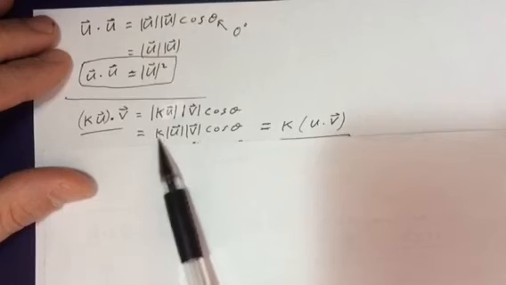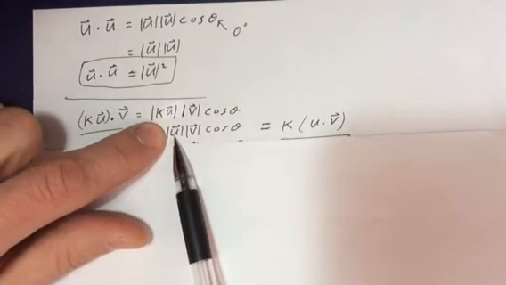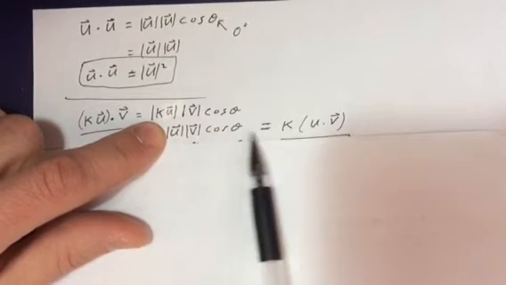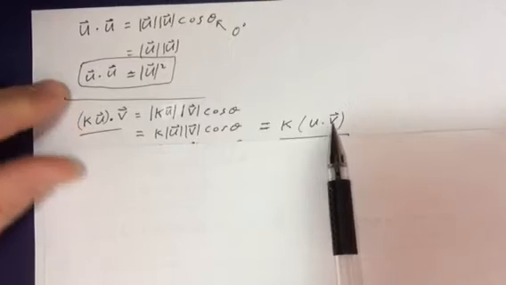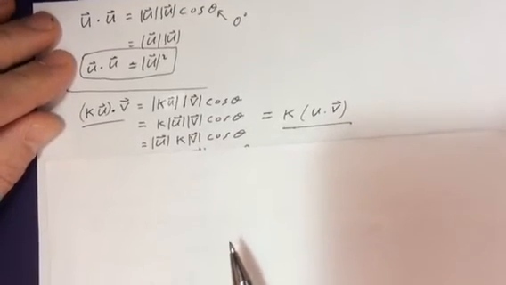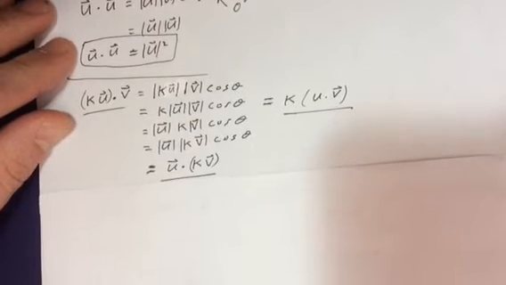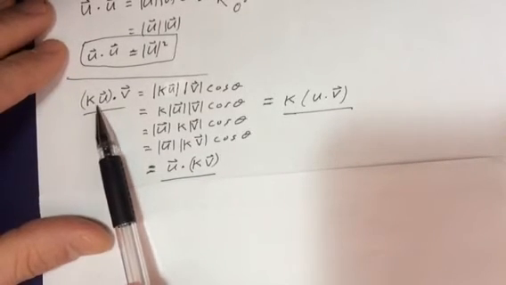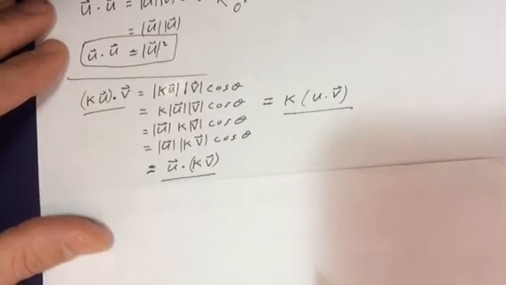And with the k outside, magnitude of u times magnitude of v times cos theta is just k times the dot product. So there's one property. And if we keep going and redistribute the k into the other vector, we also get this one. So we've got this equals this equals this.